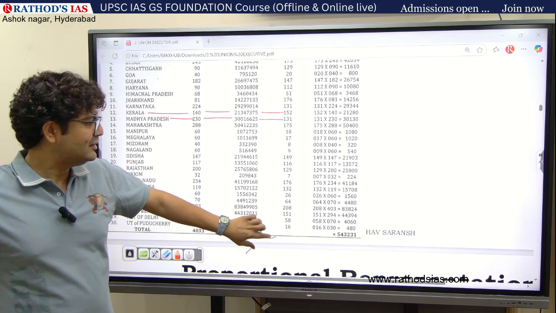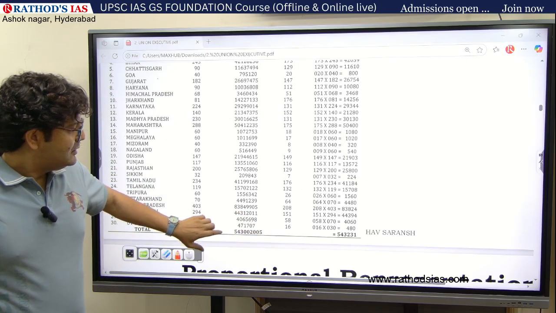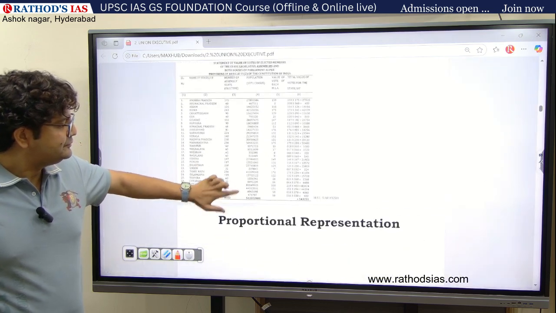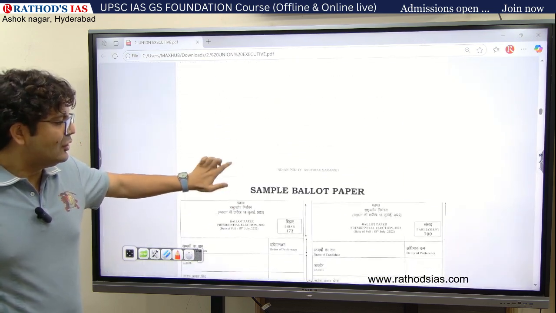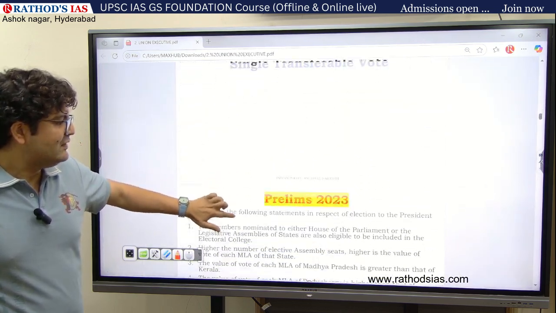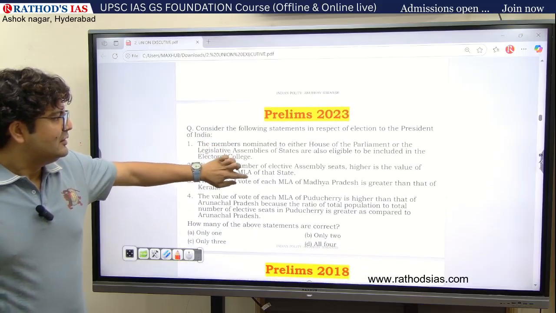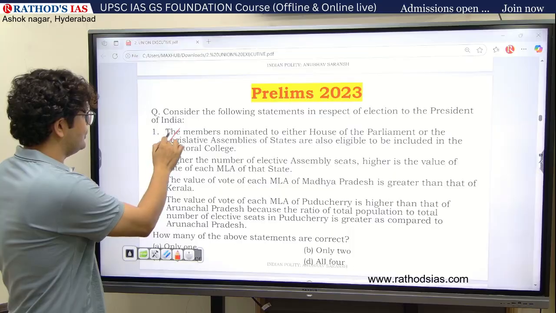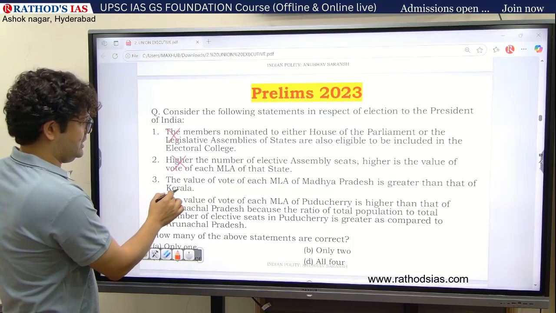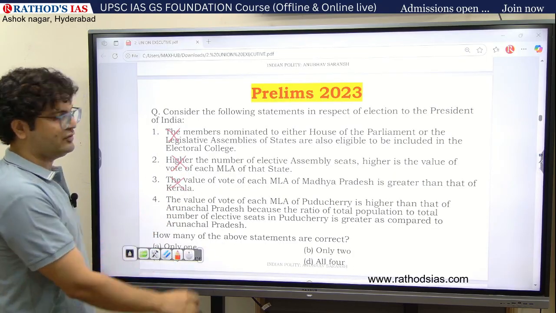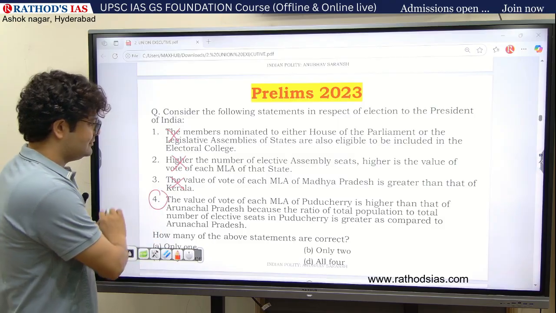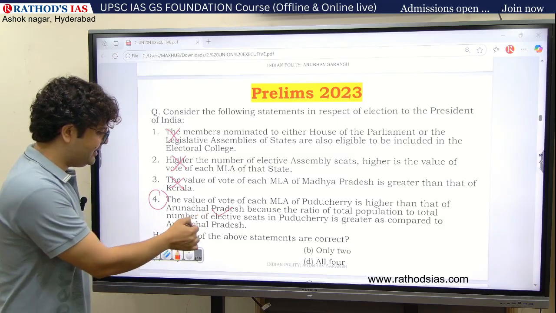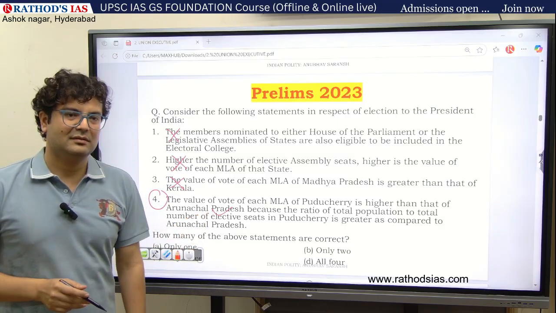This means that the particular statement is wrong. Are we clear? So what is the answer? This is wrong, and this is wrong. Correct. This is correct. Right answer is only 1.